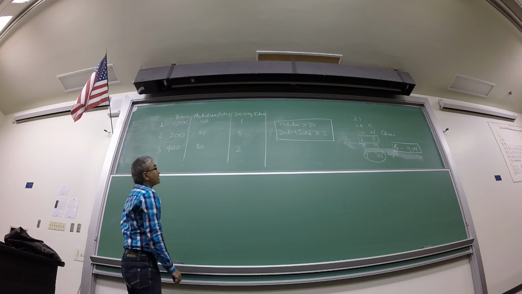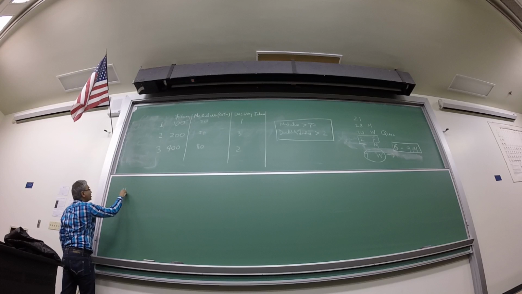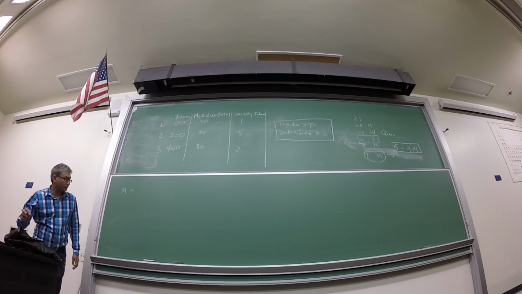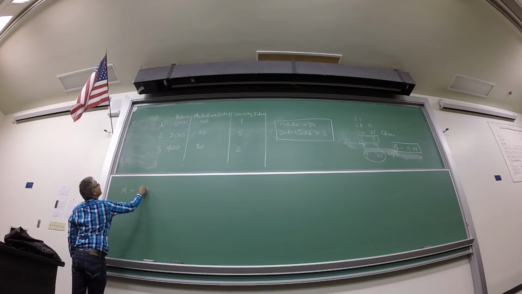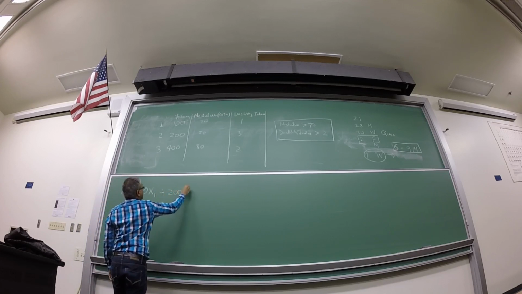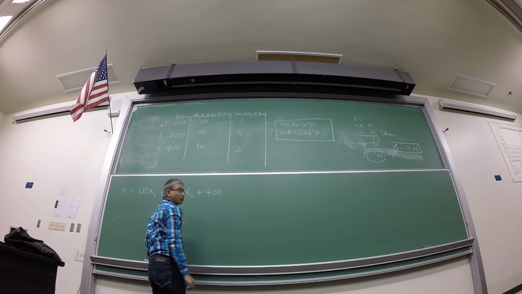So the modulus must be greater than 70. So the modulus M of the mixture is going to be 100 times x1, right? Plus 200 times x2 plus 400 times x3.